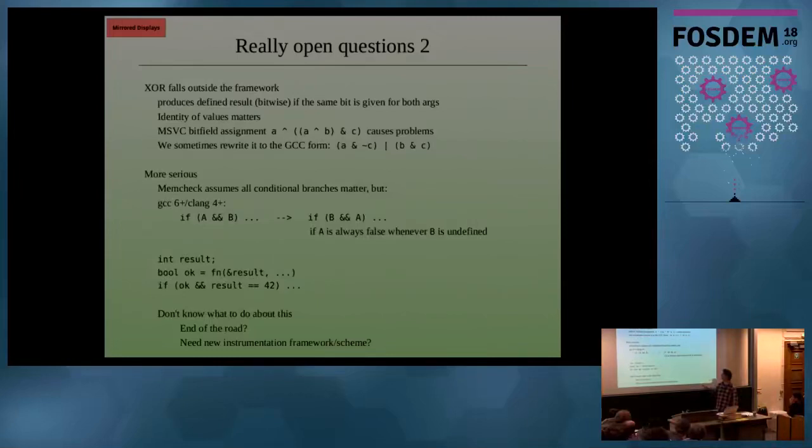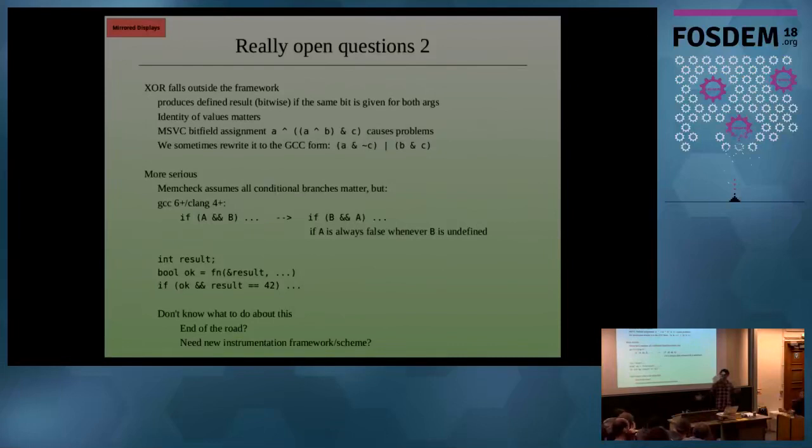But the problem is this conditional branch is now on undefined data. And I think that some fancy kind of interprocedural analysis that Clang does in this kind of situation, if it analyzes the behavior of this function we're calling, it will do that transformation. So I actually have no idea what to do about this.